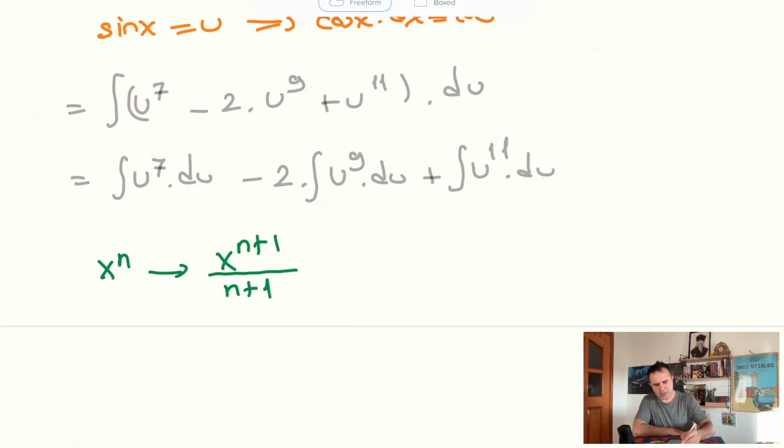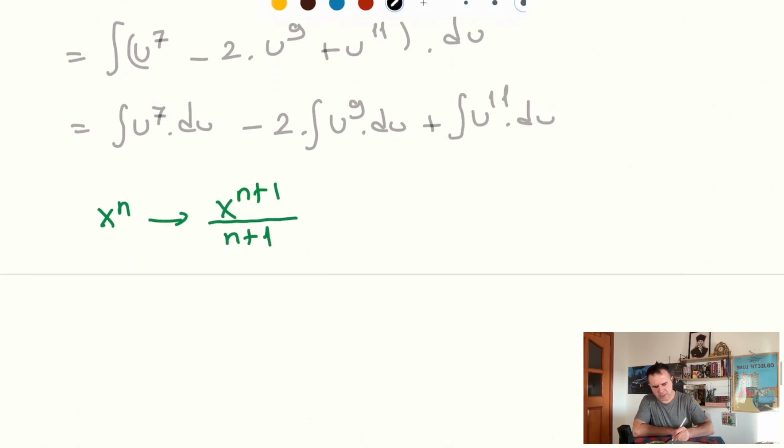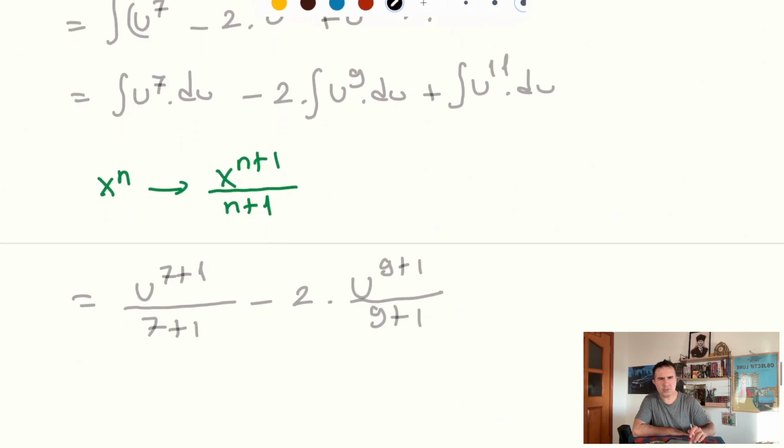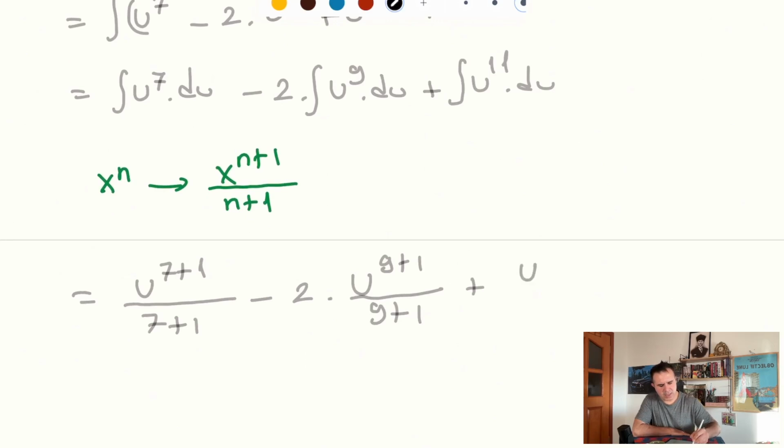The integral of u to the 7: we will add 1 to the exponent and divide by the new exponent. Minus 2 times u to the 9: we add 1 to the exponent and divide by the new exponent. And for u to the 11, we add 1 to the exponent and divide by the new exponent.